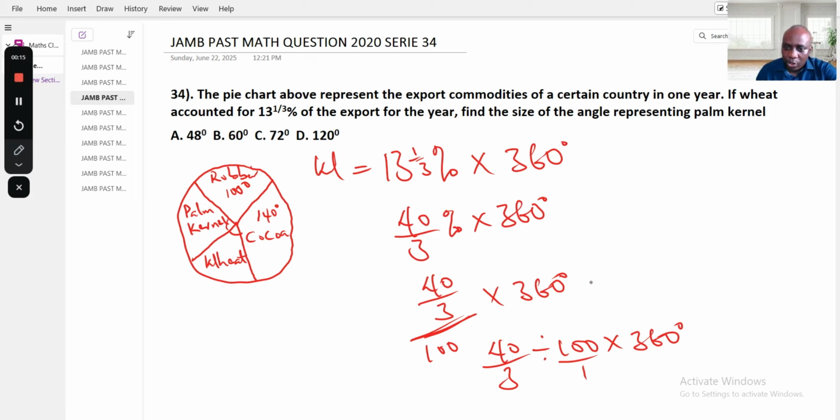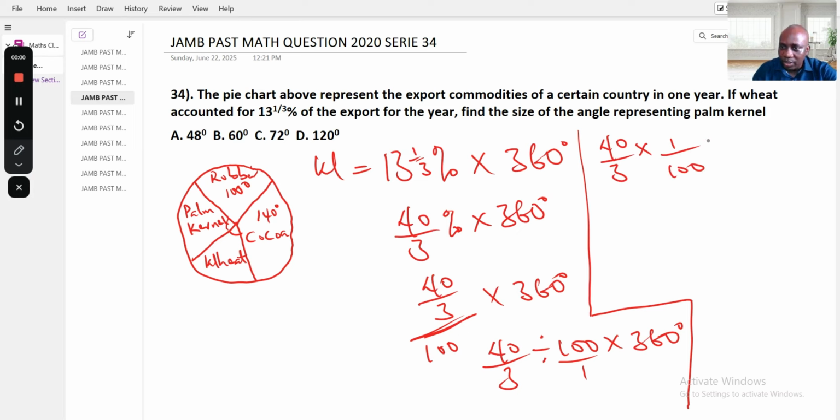Therefore, we bring the 100 down if you want to change the divisions to multiplication. Let me just manage this space. I did not manage this space very well. Okay, 40 divided by 3 multiplied by 1 over 100 multiplied by 360 degrees.